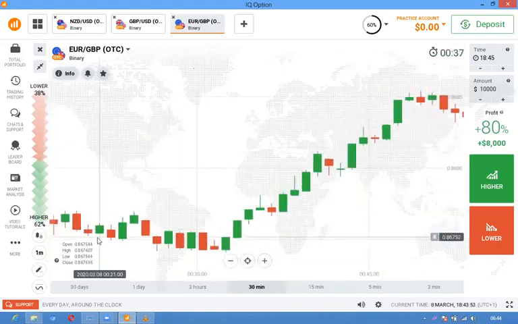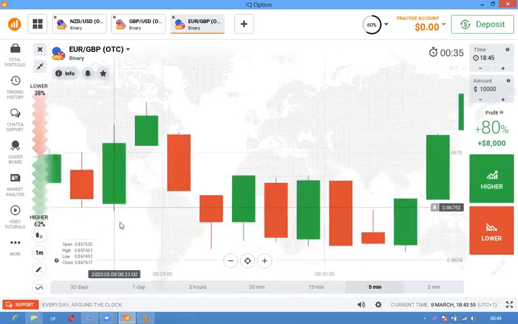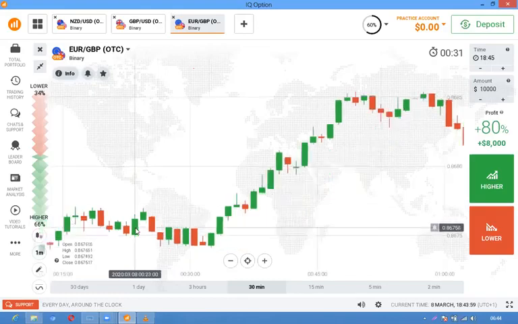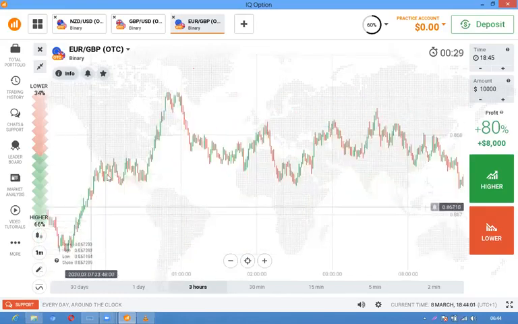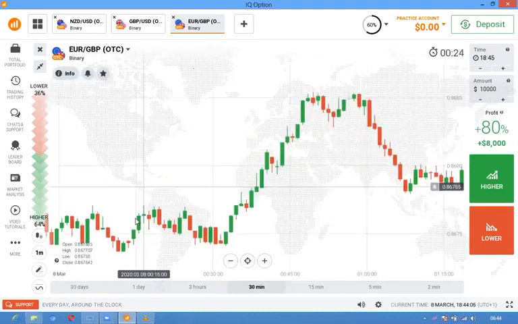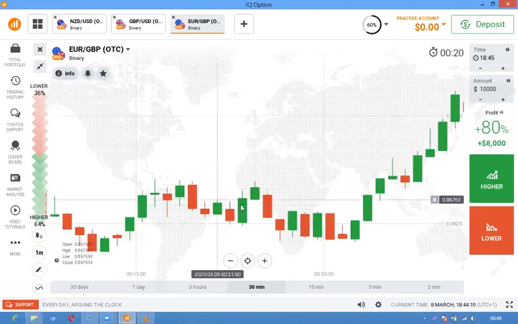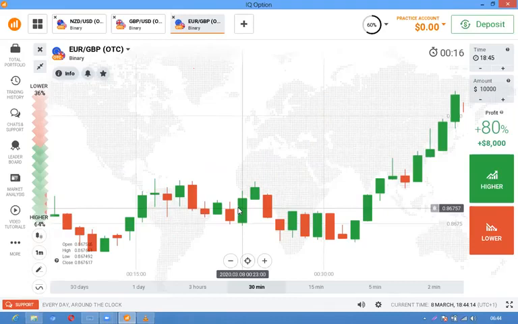But what happened? The market formed a bullish candle. That means your analysis is wrong because you didn't notice this uptrend here, this minor uptrend. So this minor uptrend will now prove to you that the next candle is supposed to be bullish, not bearish at this time.